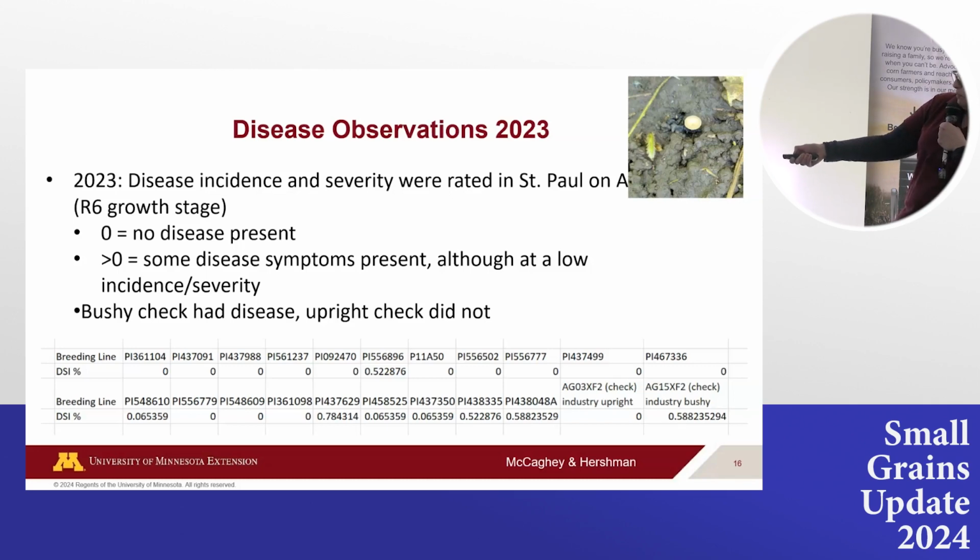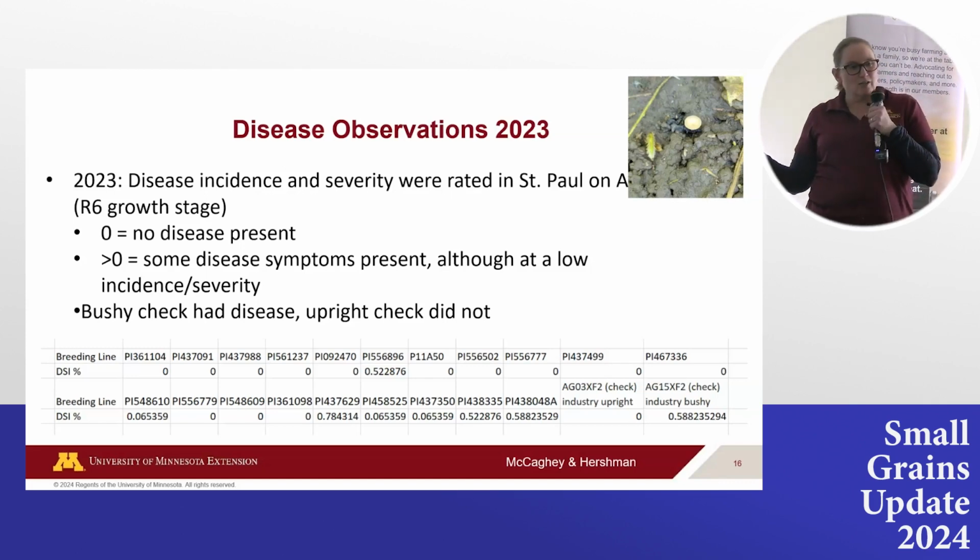They also had a couple of checks. So they had 2 different Asgrow varieties, one that has that more upright stature, and one that has a more bushy stature. So they did see disease in their bushy stature check, but not in the upright stature check.